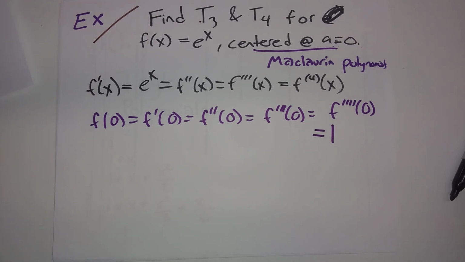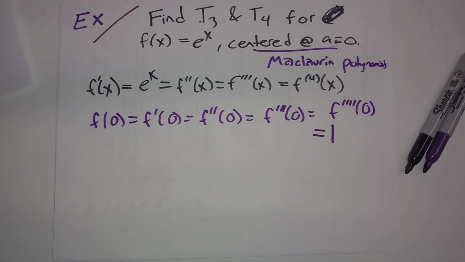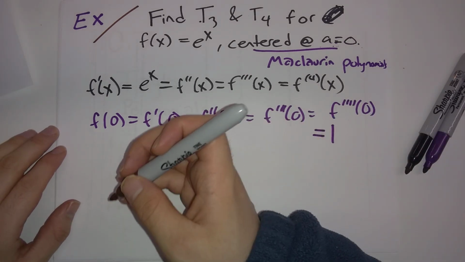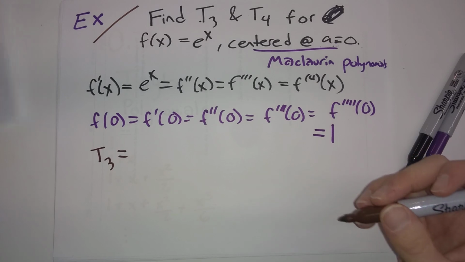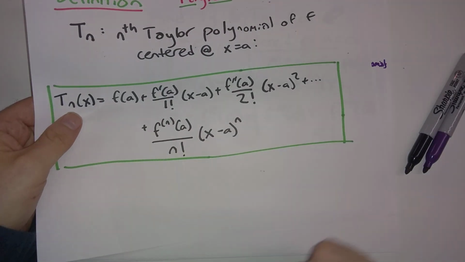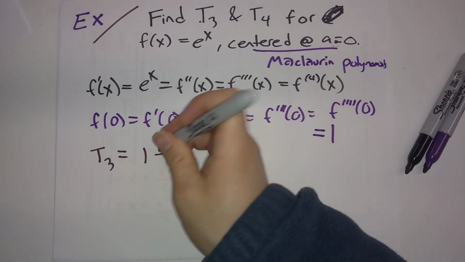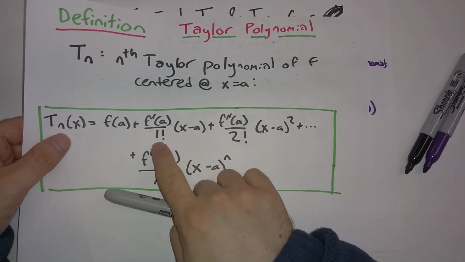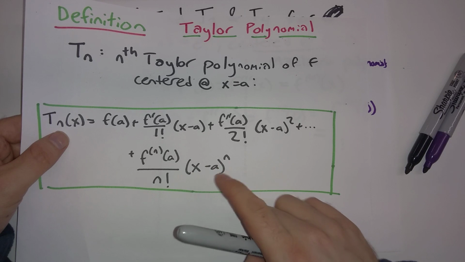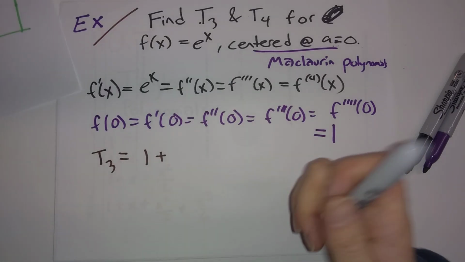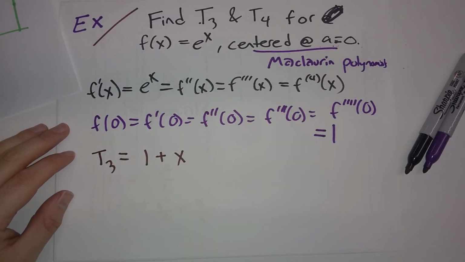So at this point, we can just go ahead and write down our Taylor polynomials, our Maclaurin polynomials. T3 is f of a, that's 1, plus f prime of a divided by 1 factorial, 1 divided by 1, times x minus a. A is 0, so that's just x.